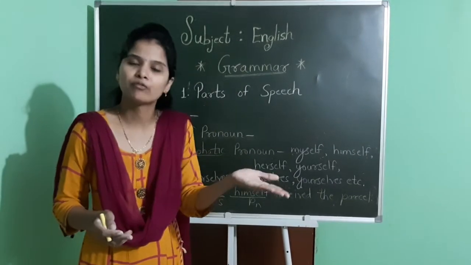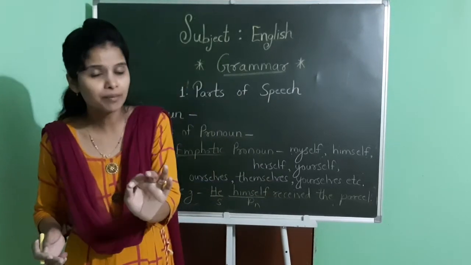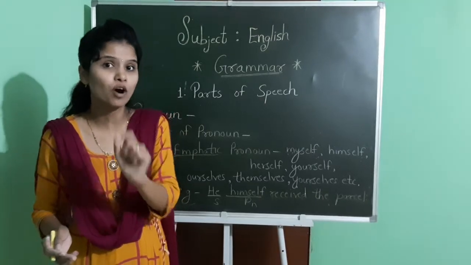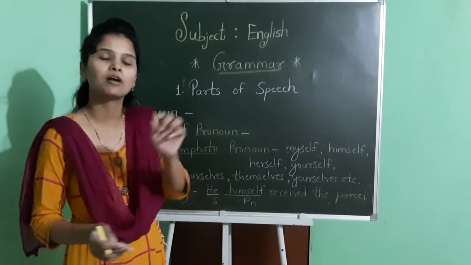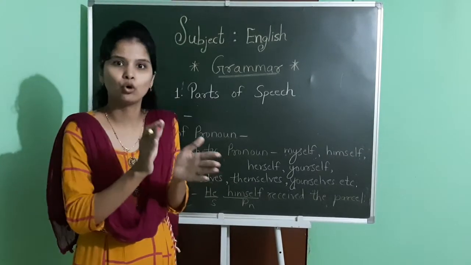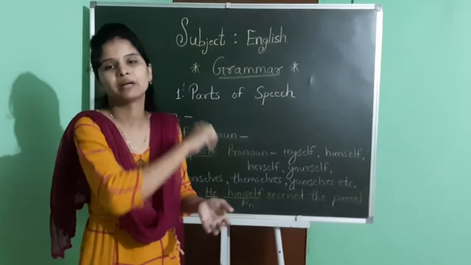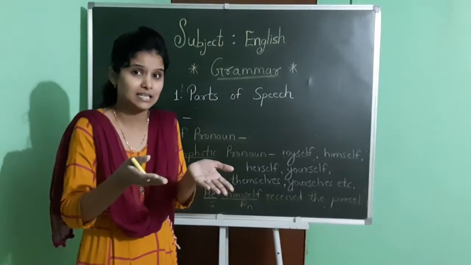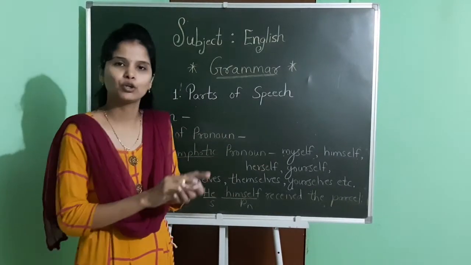In reflexive, we emphasize verb, means action, and in emphatic, we emphasize what? Subject. That's why they come after the subject only. Though they are the same, you have to remember this main difference. If you remember this, then you can easily identify both these pronouns.